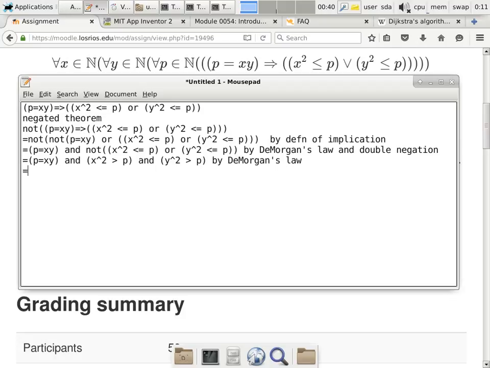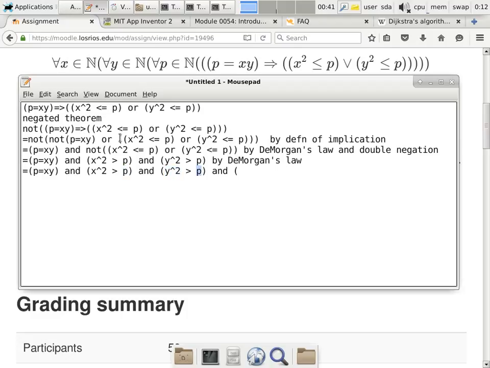The other way to do this is by multiplication. So when you do this by multiplication, you can do something like this. p equals xy has to stay here. So everything that we already know gets to stay, but we can also say something that is implied by all of these things. So I can just say that if all of these numbers are non-negative because they're all natural numbers, this number times this number has to be greater than this number times this number.